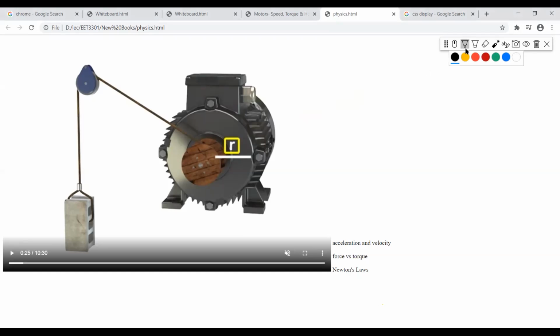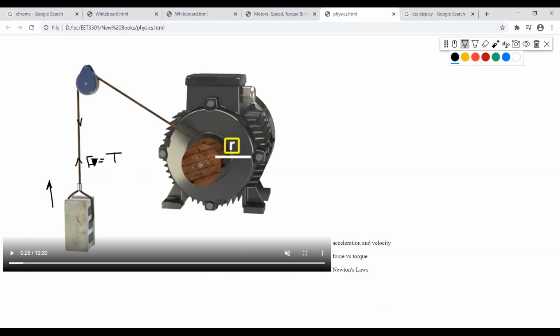So now what we're going to discuss is the torque. You can have the feeling now that in order to pull this load in this direction, you need to apply a force here. So there would be tension forces, and this force would be the tension.